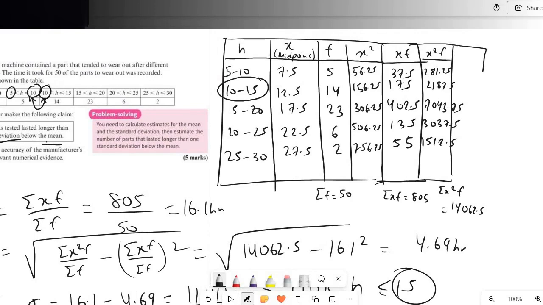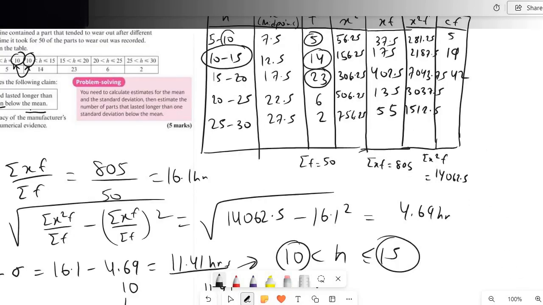So we have to add another column to highlight that. So cumulative frequency for the first one is going to be 5, and then it's going to be 5 plus 14, giving us 19, and then this is going to be 23 plus 19, which is going to be 42. And we don't need to continue because we already have the required cumulative frequencies.